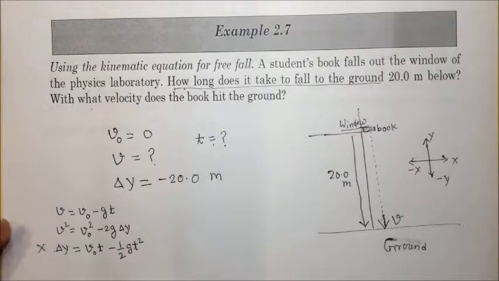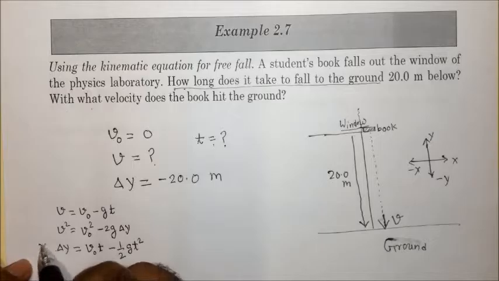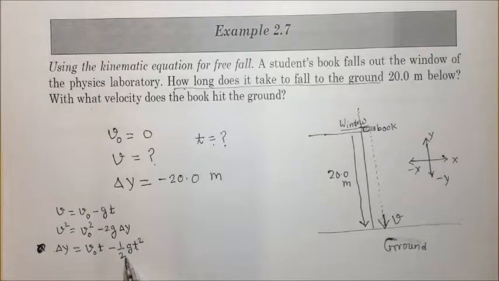So which equation can give you the time? Now for the time, can we use this one? We have everything except time. We have delta y, V initial is 0, minus half gt square.